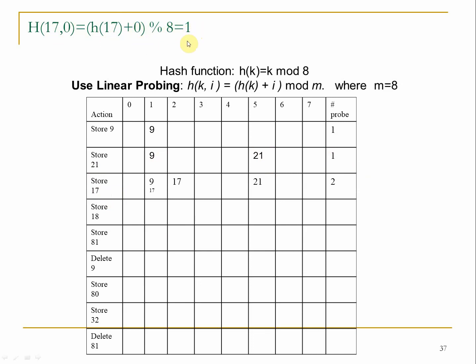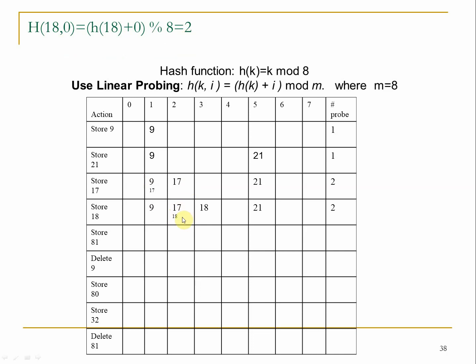It is not available, so we need to continue by doing h of 17, and now you can see the i changed to 1. So in your while loop, that needs to increment by 1, and therefore you will have h of 17, 1. The original home position is 1. 1 plus 1 equals 2. So you will look into index 2 and find that it is available over there. Same thing with 18. You will start with 18, 0.